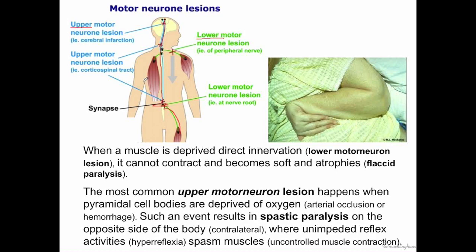When the upper motor neuron is lesioned by an infarct or by a spinal cord severing or something like that, that's bad. Then the lower motor neuron is always activated and is rhythmically a reflex itself.